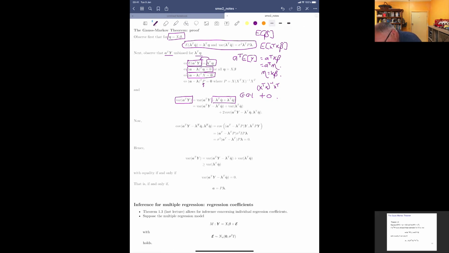Then we are using the matrix form of the fact that the variance of X plus Y equals the variance of X plus the variance of Y plus 2 the covariance of X and Y, where this is my X and this is my Y. And that gets us to this stage.